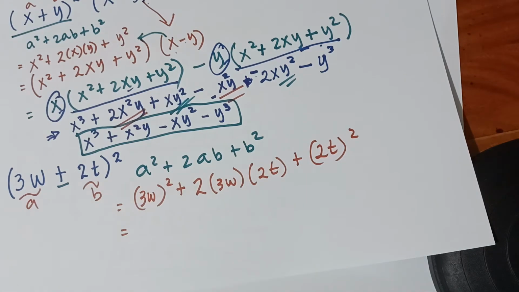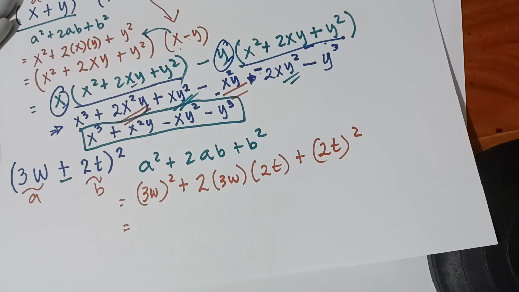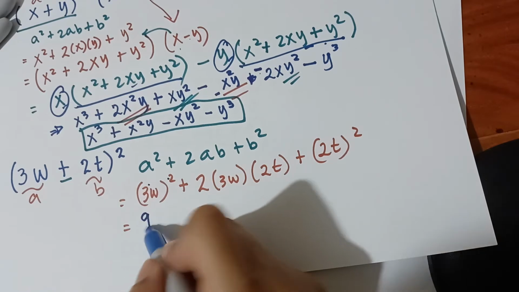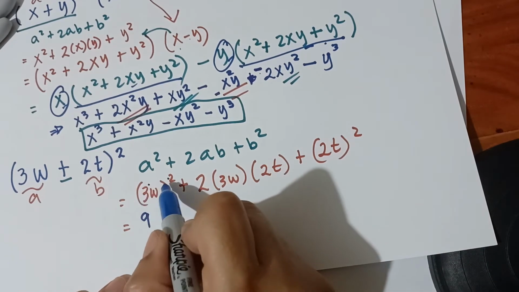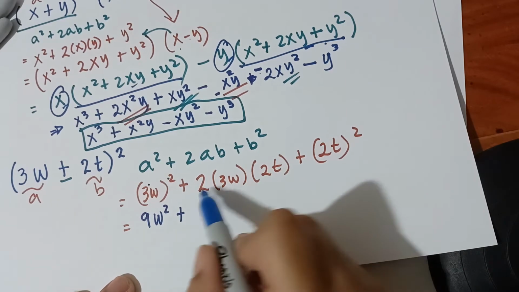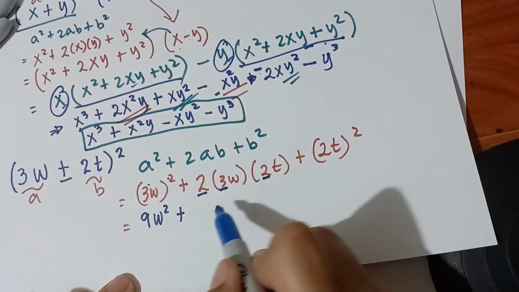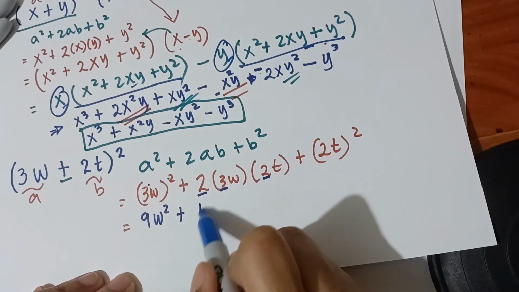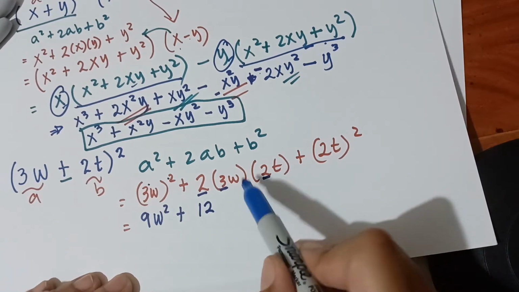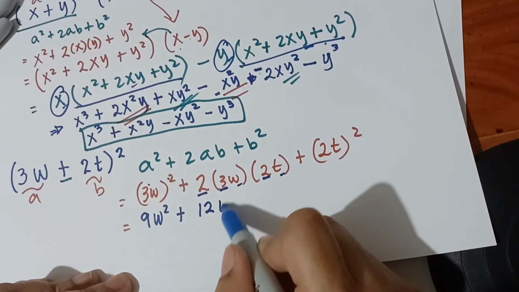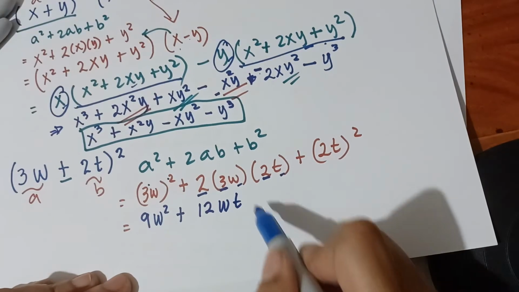Okay? Next, you are going to distribute the exponents. So, what are our exponents here? 3 squared is 9. So, 3 squared, 3 times 3, that's 9. And then, w squared. Plus, multiply 2 times 3 times 2, that will be 2 times 3, 6, times 2 is 12. And then, just copy the variables. Since they are not the same, you just copy wt.